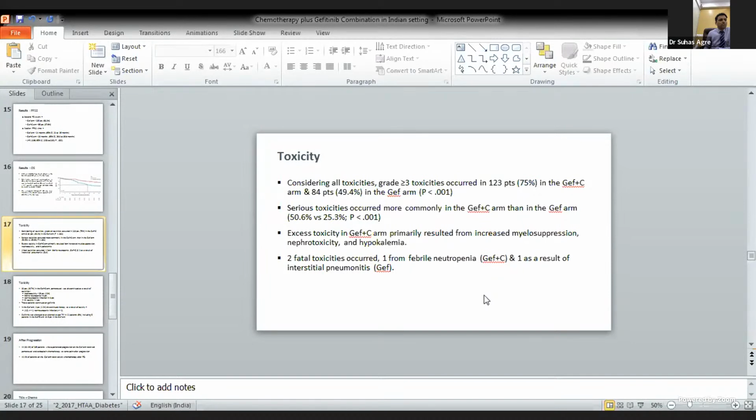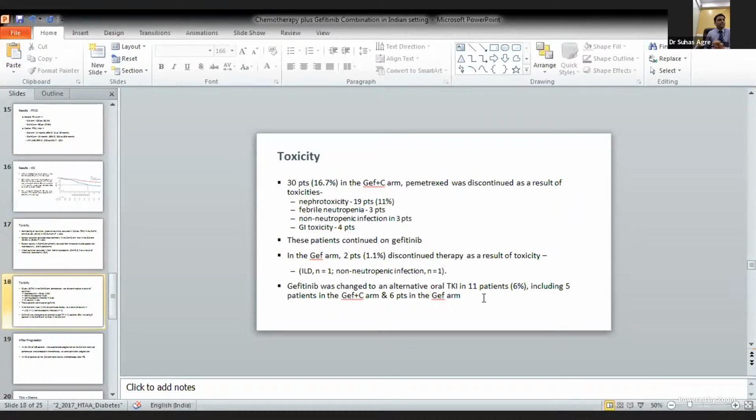Excess toxicity was primarily increased myelosuppression, nephrotoxicity, and hypokalemia, while each arm had one fatal toxicity: febrile neutropenia obviously in the chemo and gefitinib combination, and interstitial pneumonitis in the gefitinib arm.